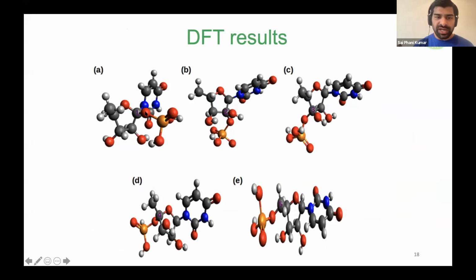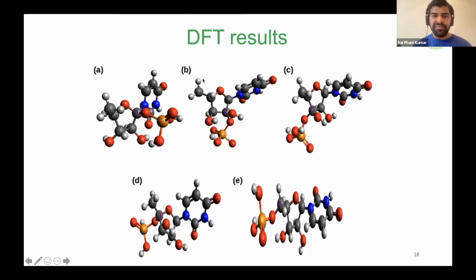These two are interacting with the same atom, and they are still aligned, still intact. That means there is a feasibility with this combination.